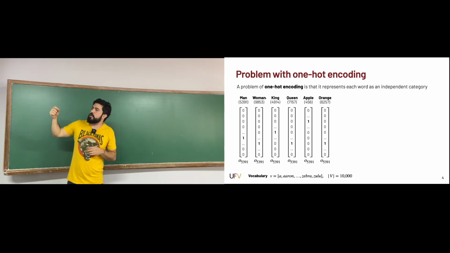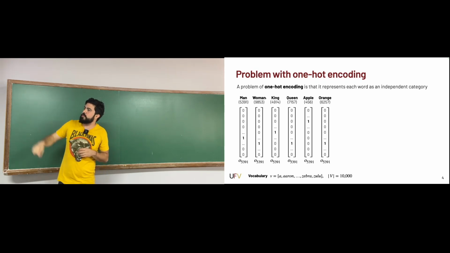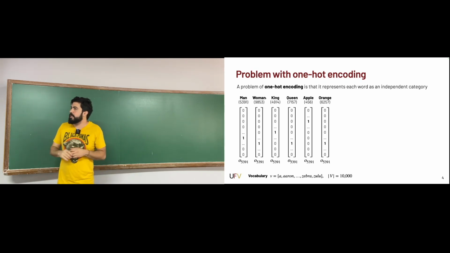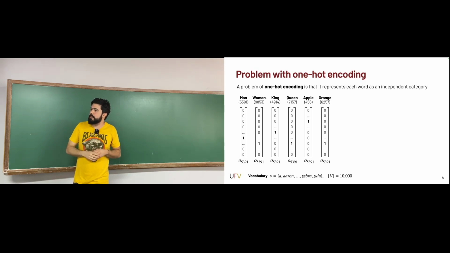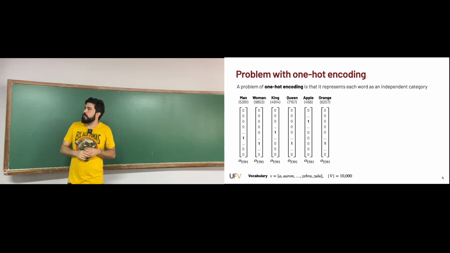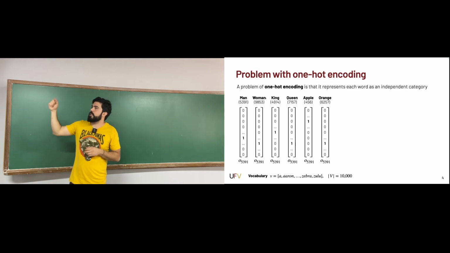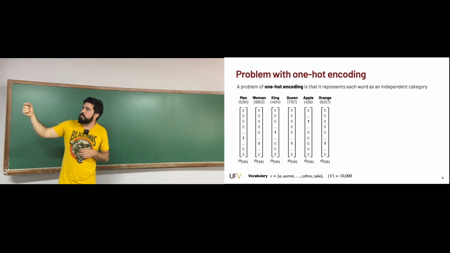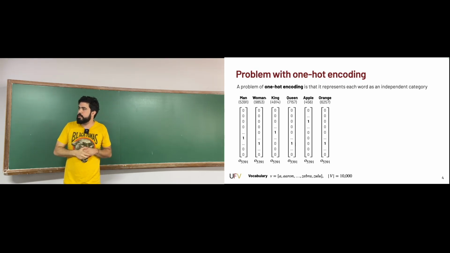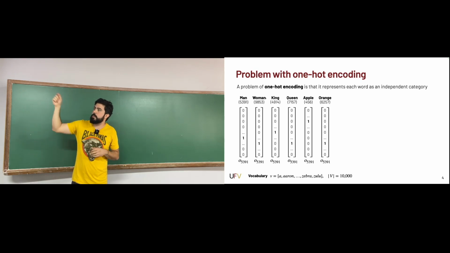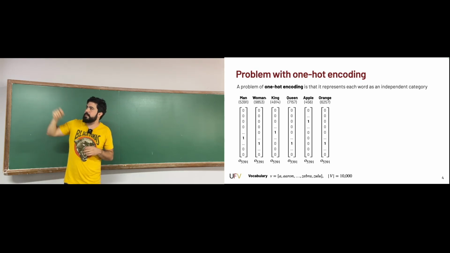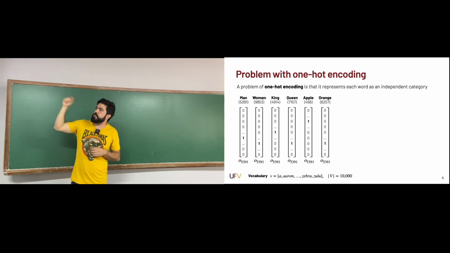Just remember that a one-hot encoded word is a vector full of zeros, and just one dimension there is equal to 1. For a given word, the dimension in parentheses is the dimension that is set to 1. So the vector for man has 1 in the position 5,391.